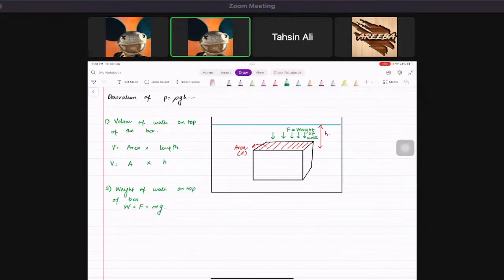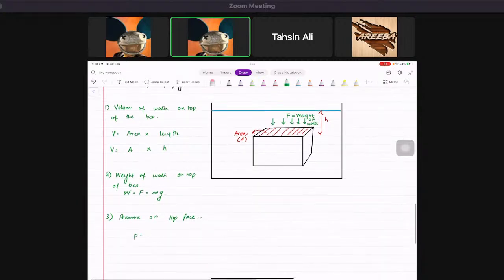The third thing we're going to do is find the pressure on the top face. Pressure is given by force per unit area. Now our force was mg, and what we can do about area is, if I write this as volume over the height, can I make A the subject here?